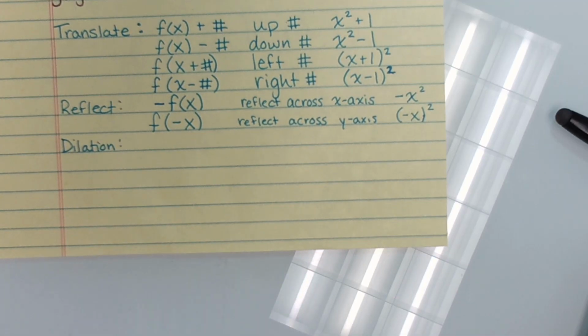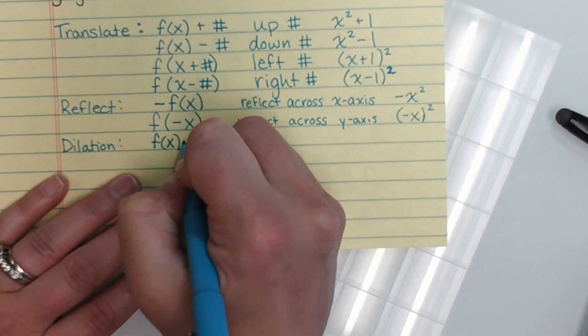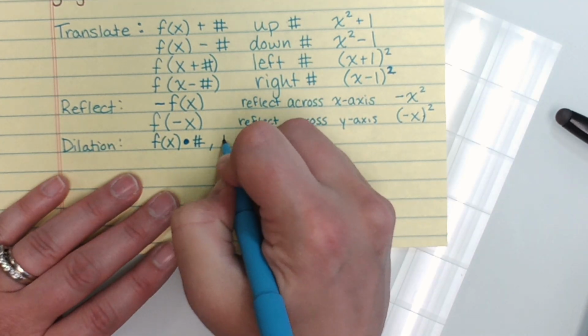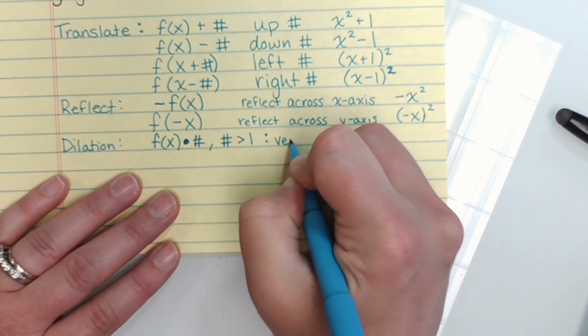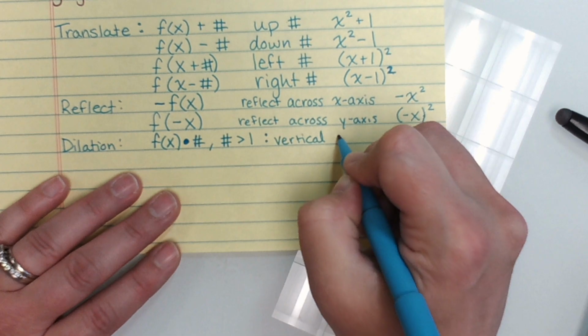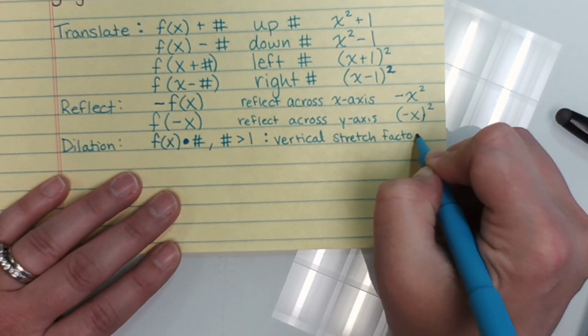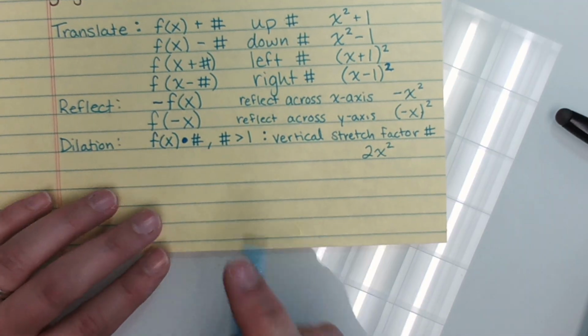The last options that we're talking about today are dilations. Now there's technically 4 types of dilations. We talked about 2 of them today. If you take f of x, the entire function, and multiply it by a number, assuming that number is bigger than 1, that's when you have a vertical stretch, by a factor of whatever that number is, like that 2x squared example.